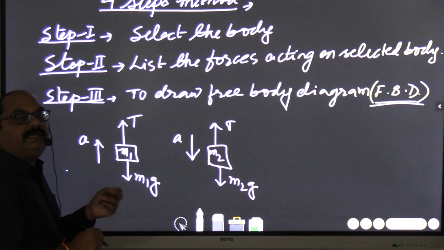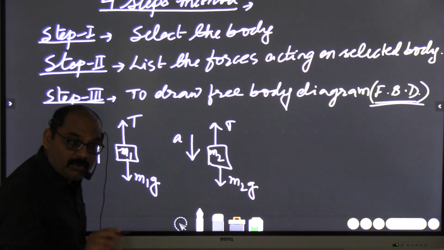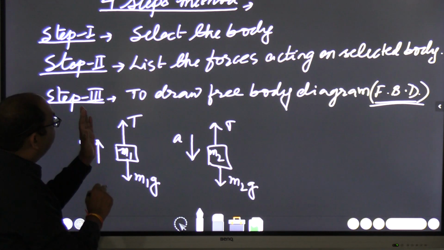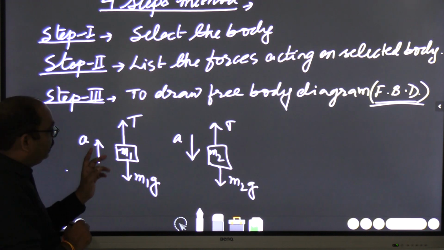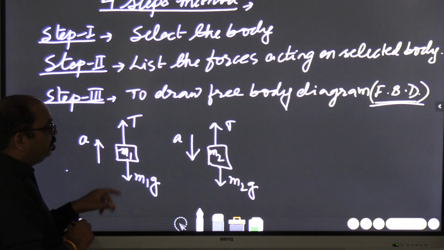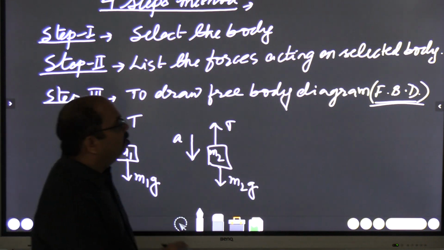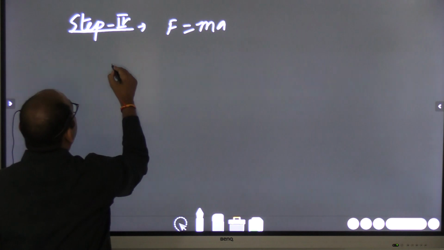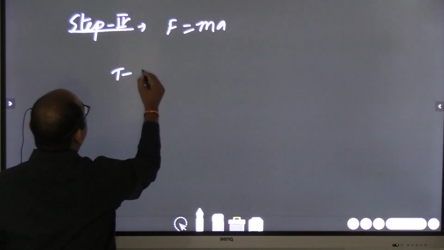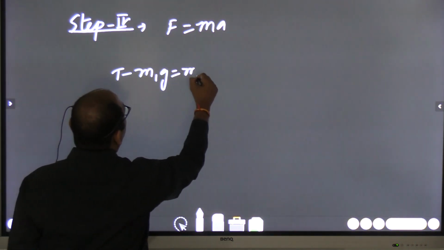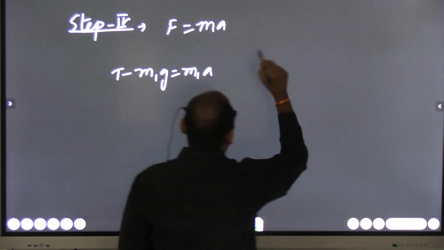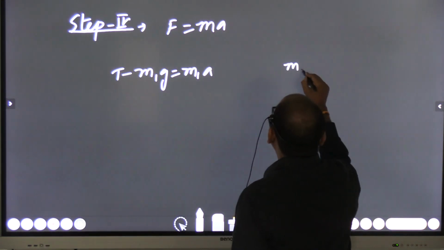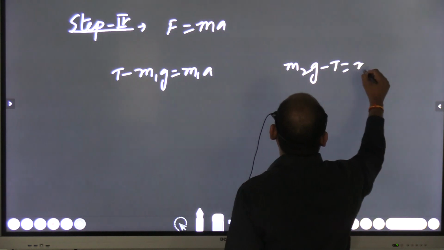Sir, if I write M1G minus T, then your answer will be wrong, because the body is moving in upward direction, the acceleration is in upward direction, the tension force is dominating. You are bound to write T minus M1G. So for body M1, T minus M1G is equal to M1A, and similarly for body of mass M2, it is M2G minus T is equal to M2A.